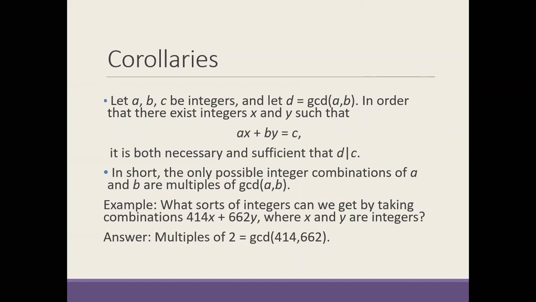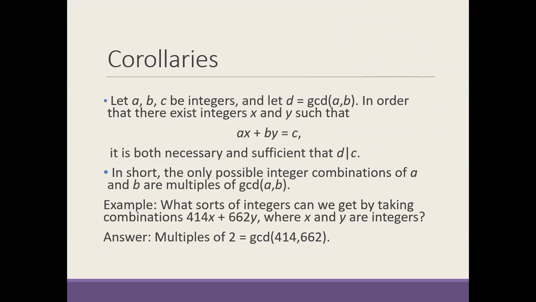So for instance, for 414 and 662, what's the GCD? 2. Therefore, the only things we're ever going to get by taking integer combinations of 414 and 662 are multiples of 2.